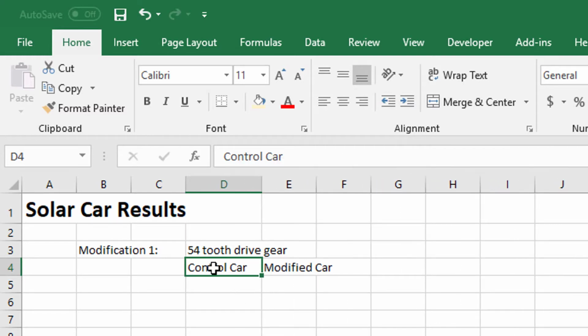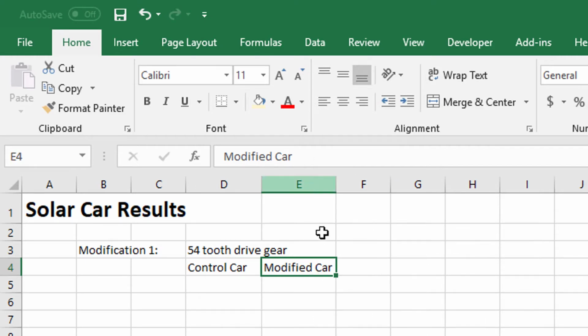Very good. Now the other thing I can do, a shortcut, is I can double click on the line. So let's make this one wider as well. If I double click on that little line there, it automatically makes it wide enough to fit whatever I put in that cell. So there we go. So I've got control car and I've got modified car.